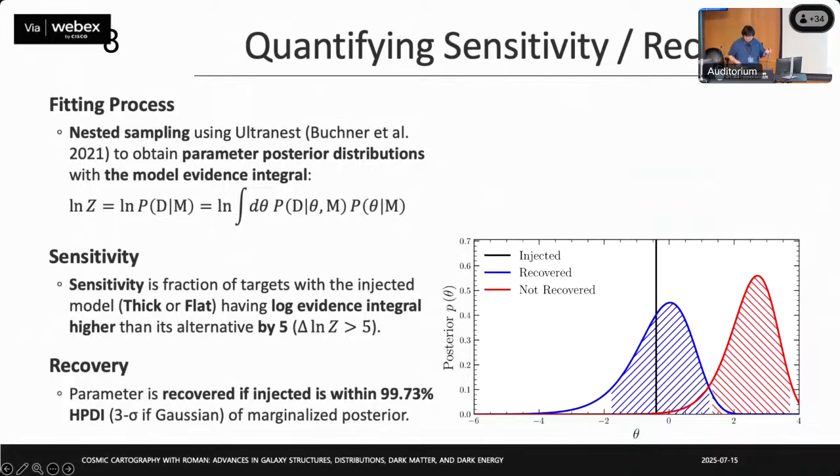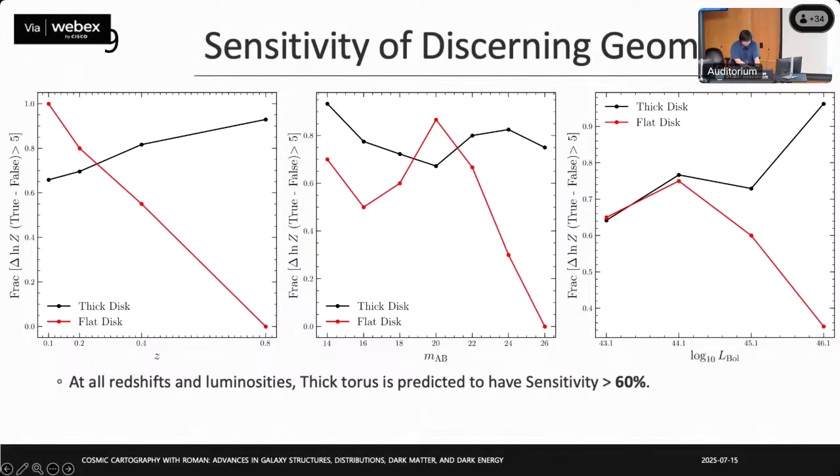And we simply determine, if we determine a parameter of a model, is it recovered if it falls within 3 sigma or anything equivalent. So here are some of the results we have for the simulation.